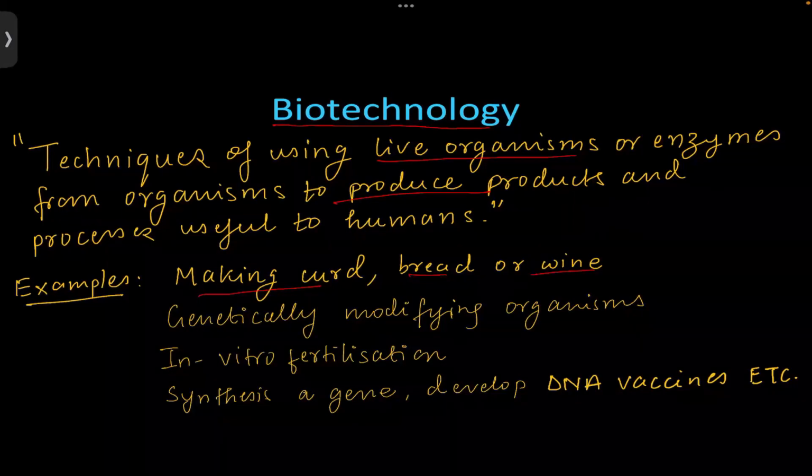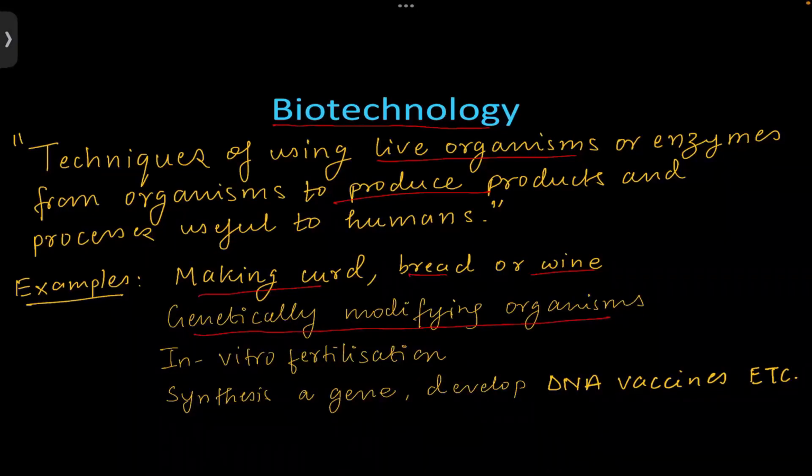Other examples could be making genetically modified organisms. This is a bit more advanced technique that comes under the broad class of biotechnology. Then in vitro fertilization, through which people make test tube babies.